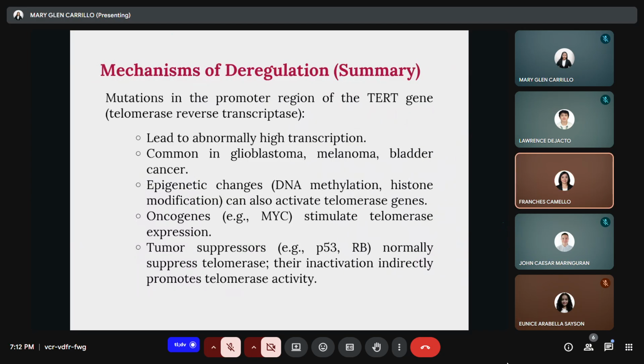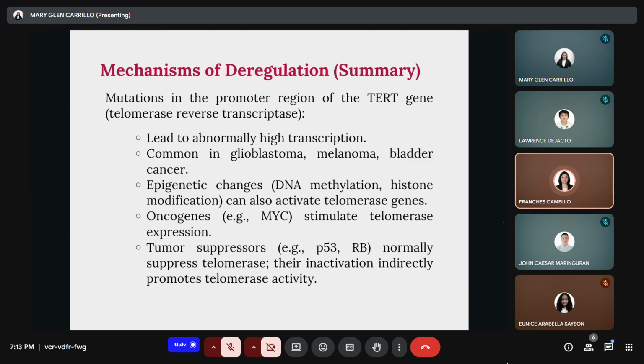All right, I know that some of the terms a while ago are very deep, but let's just have the gist here. Mutations in the promoter region of the TERT gene, or the telomerase reverse transcriptase, lead to abnormally high transcription, which I said earlier is common in glioblastoma, melanoma, and bladder cancer.